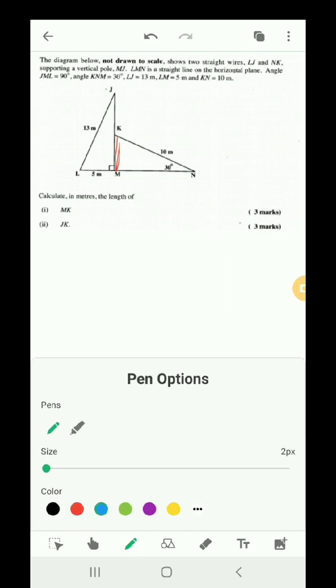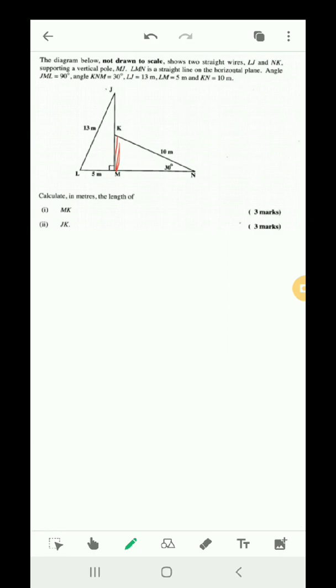Let's try putting in that right angle. There we go. So facing the right angle is the side we call the hypotenuse, and we're just going to put an H for hypotenuse there. So the hypotenuse is 10 meters in length.